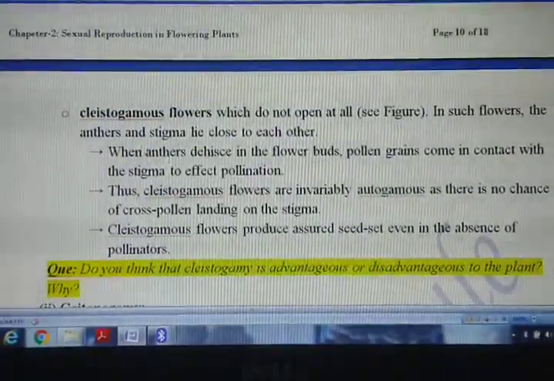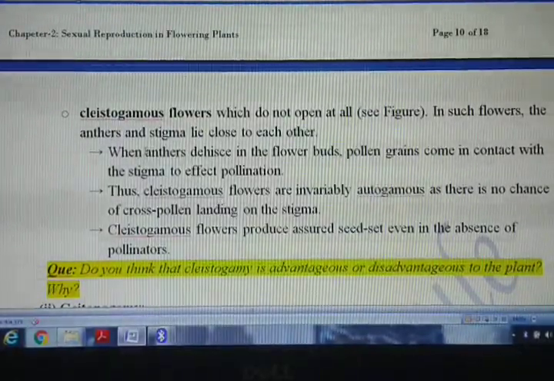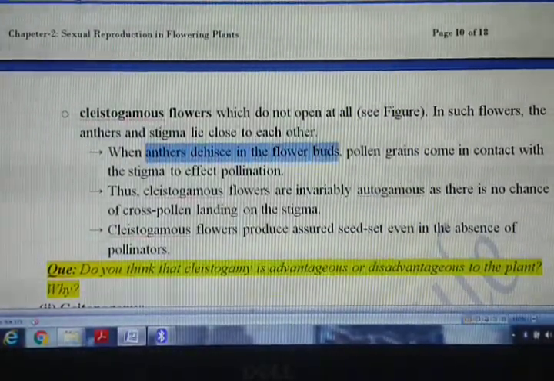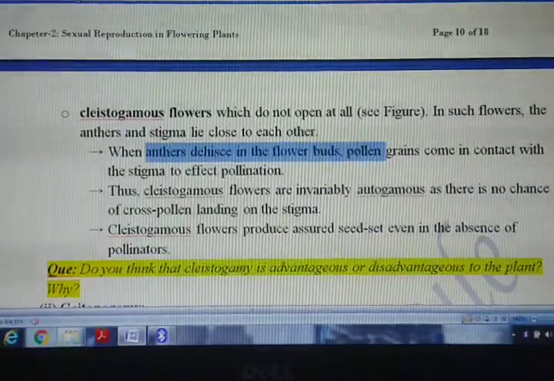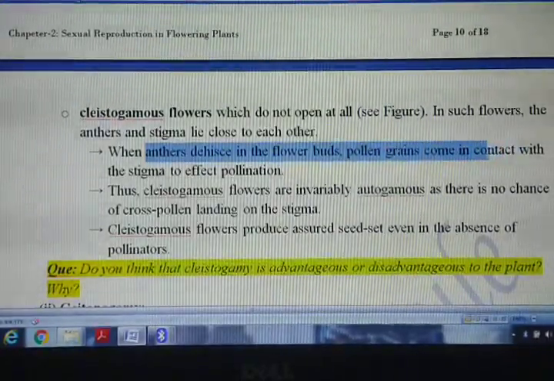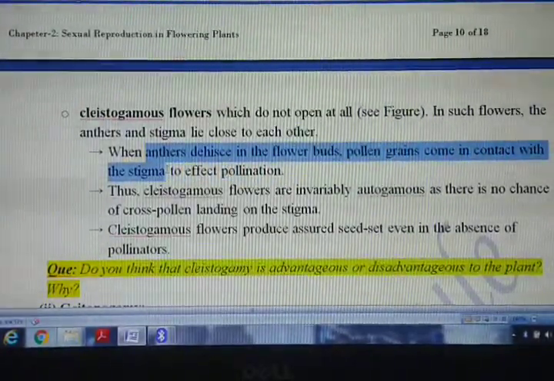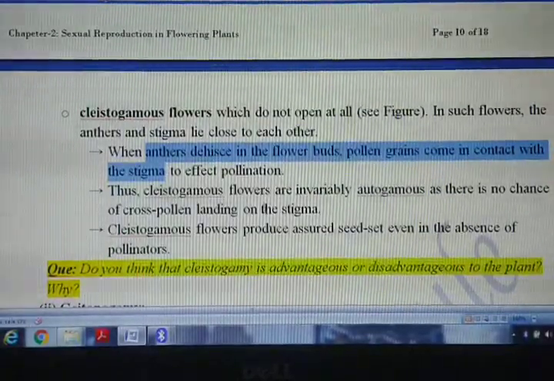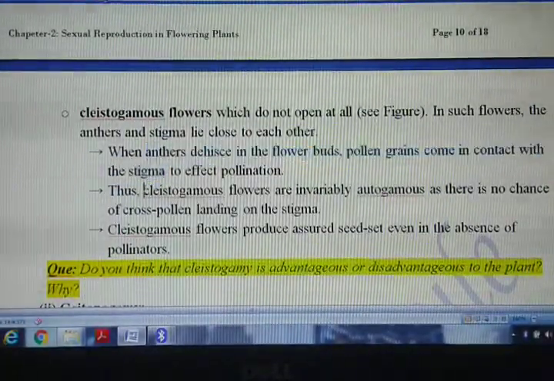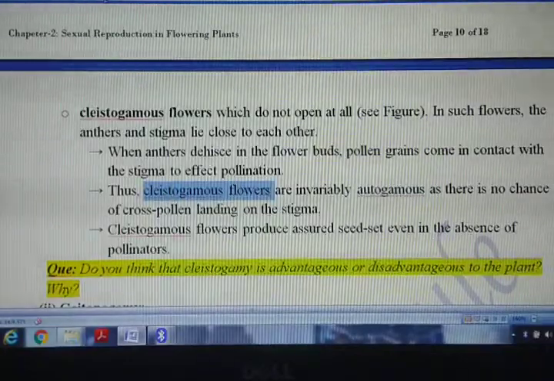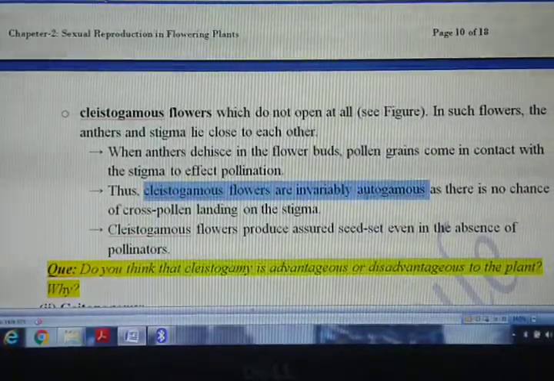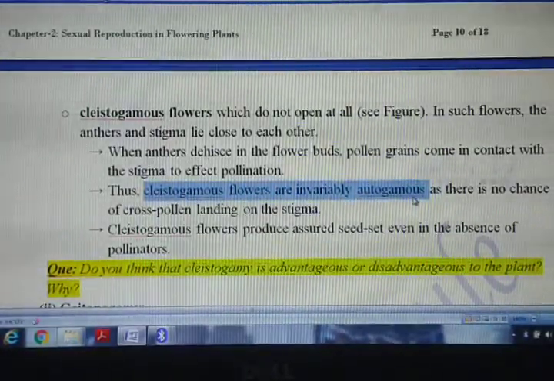That means when the anther is going to dehisce, meaning burst inside the flower bud condition, the pollen grains can easily come in contact with the stigma so that pollination can take place. Thus cleistogamous flowers are invariably autogamous.